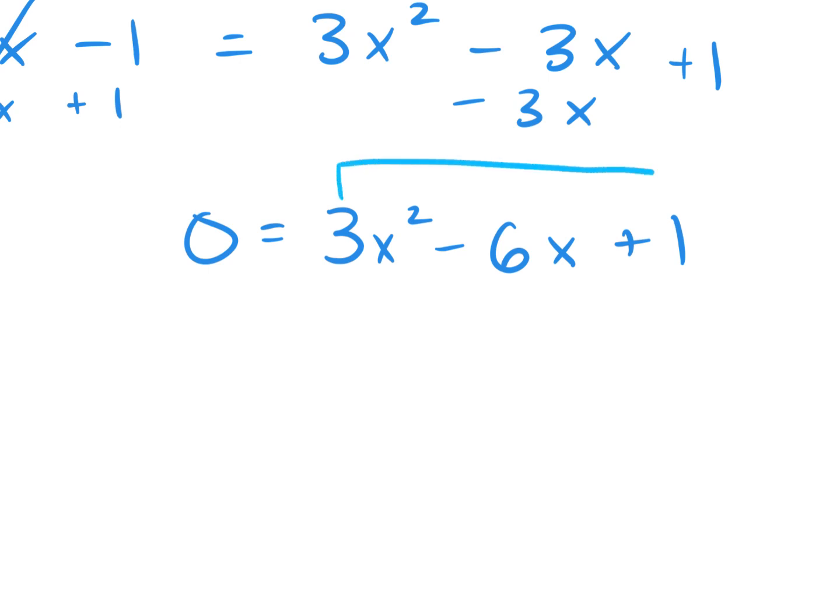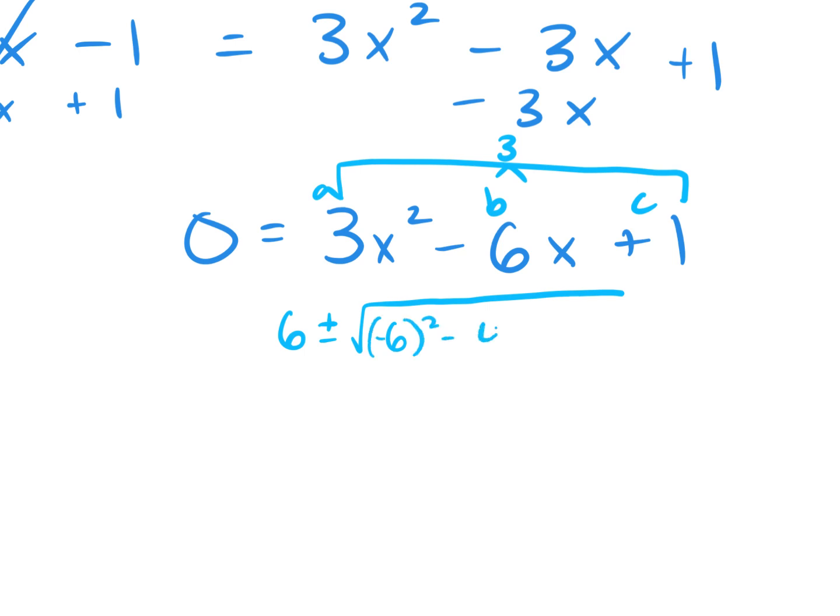Because if we multiply the first times the last, we get 3. Do we have two factors of 3 that add to negative 6? No. So it doesn't factor normally, so we have to use our quadratic formula. So we have a, b, and c. Let's plug it all in. We got negative 6, which turns into positive 6, plus or minus the square root of negative 6 squared, minus 4 times a times c, over 2a.